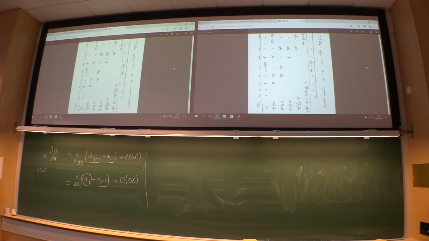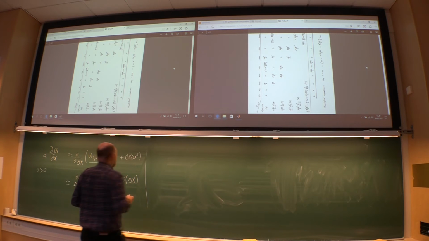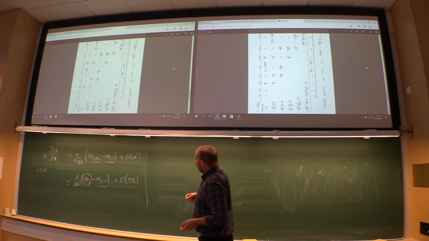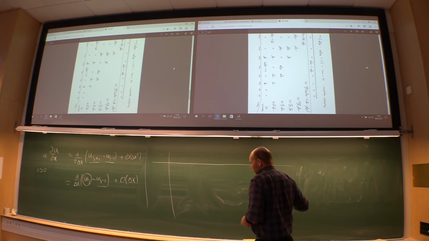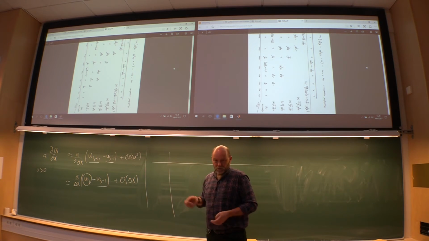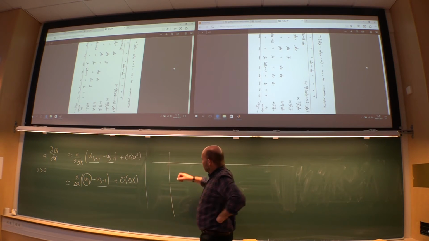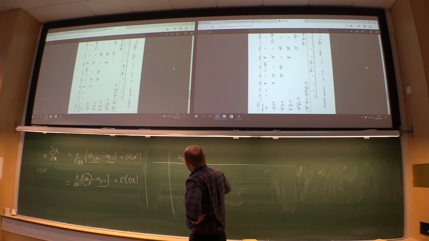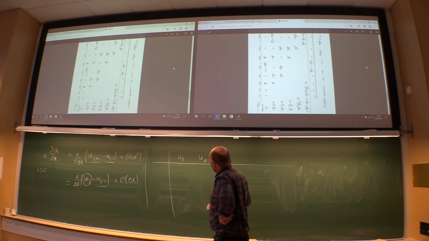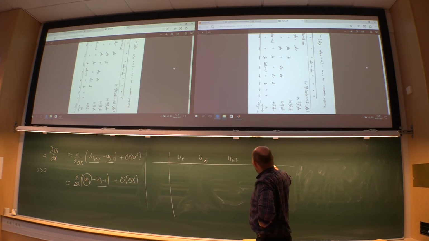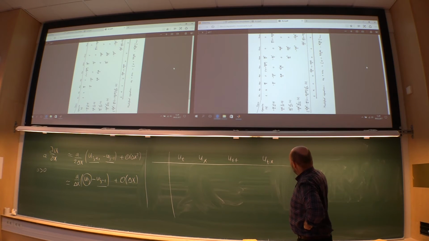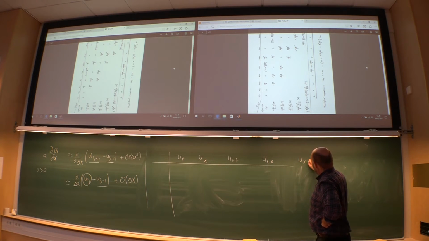Well, if you have it in front of you, you could see it. The idea goes as follows. You set up sort of a matrix, a large table, and then here you write all possible combinations that you have. You have time derivative, you have space derivative, you have double time, you have time and space, you have double space.